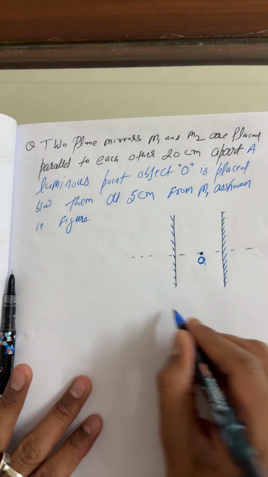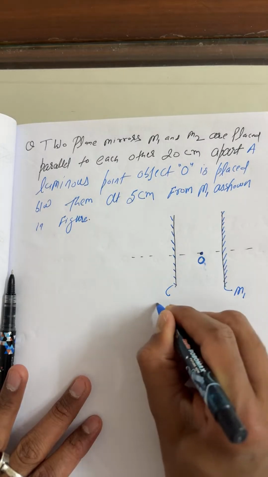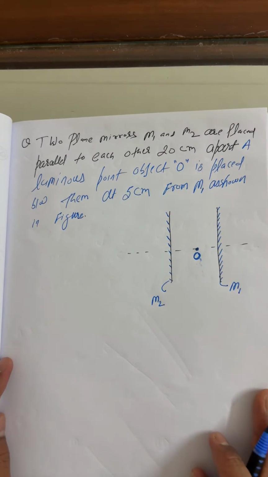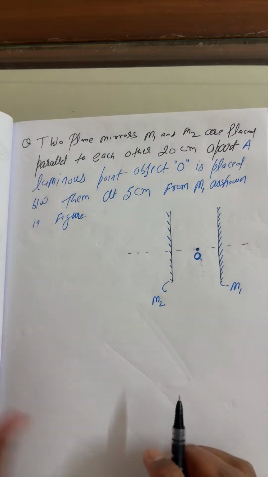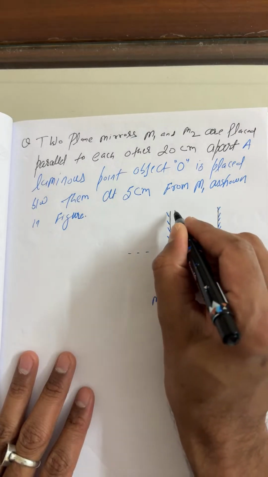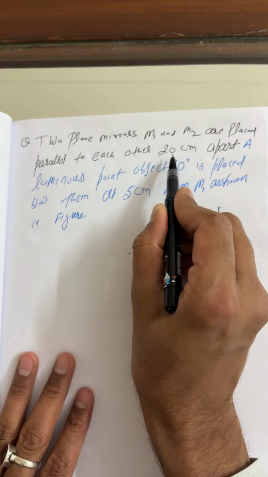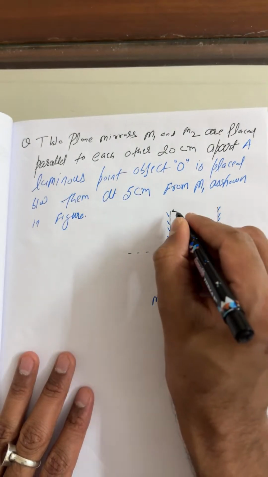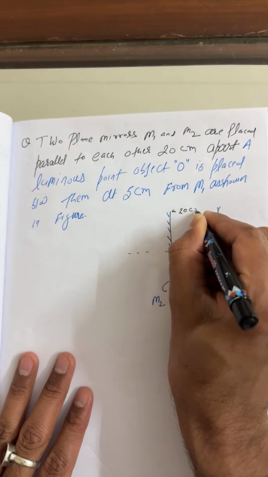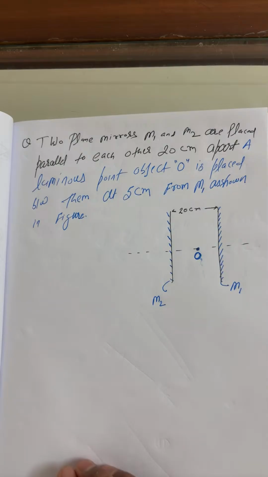So this is M1 and this is M2. What's the distance mentioned in this question? They are placed 20 centimeter apart, so you can write 20 centimeter.